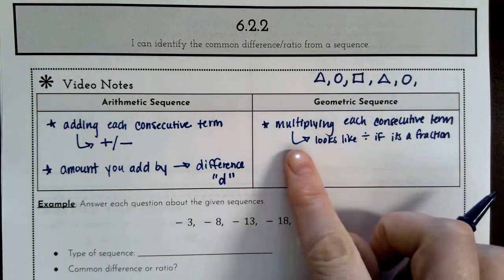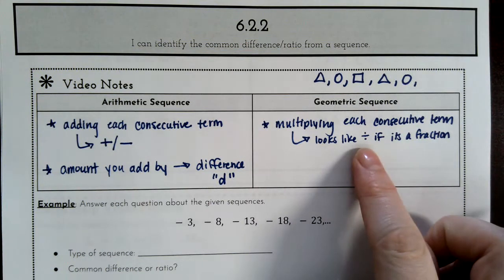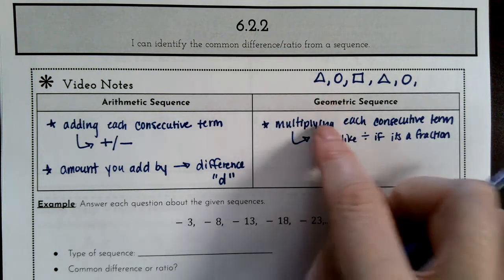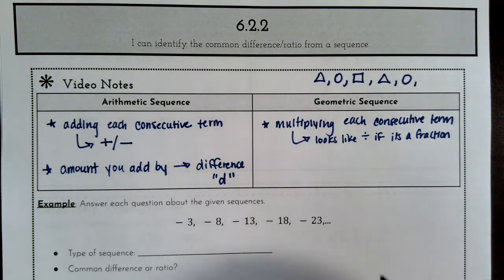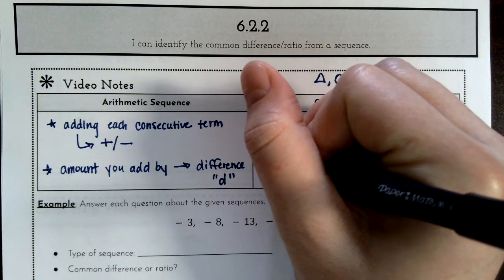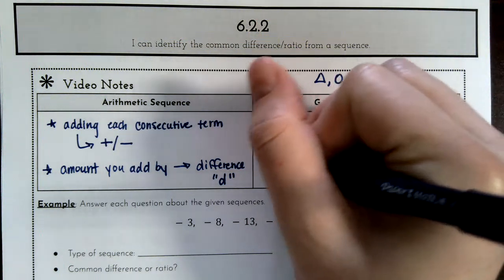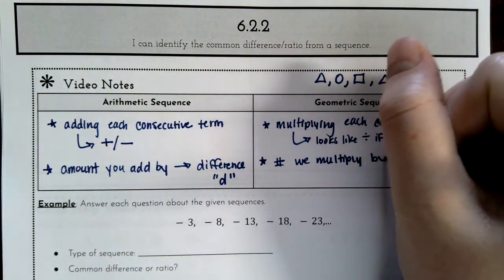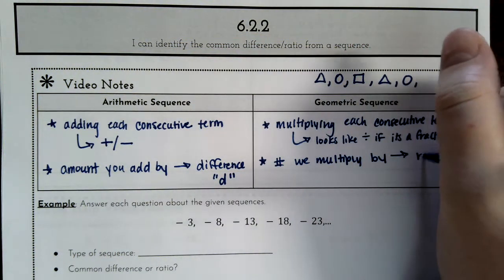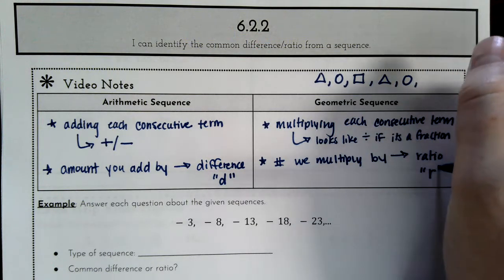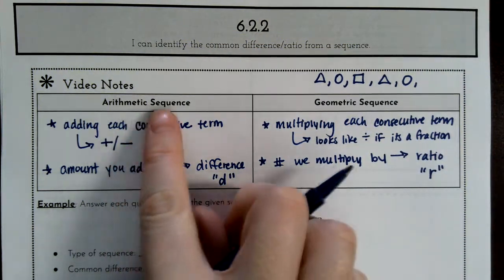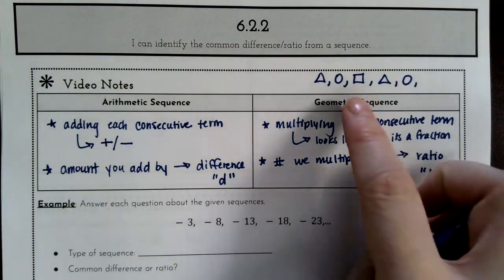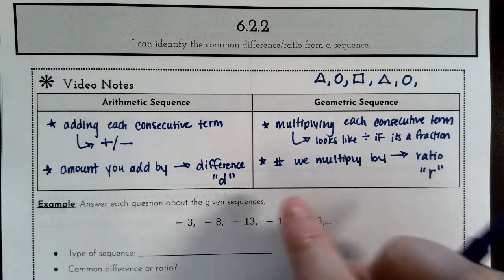If I'm multiplying each term by 1/2, it looks like I'm dividing by 2. So if you think you're dividing, it's really geometric and you're really multiplying by the fraction. The number we multiply by is called the ratio, represented by R. So arithmetic sequences have differences, when we're adding each time, and geometric have ratios, when we're multiplying each time.